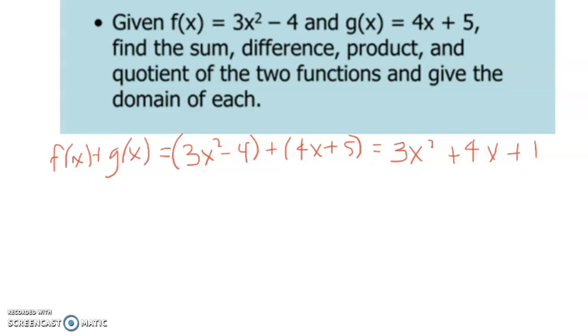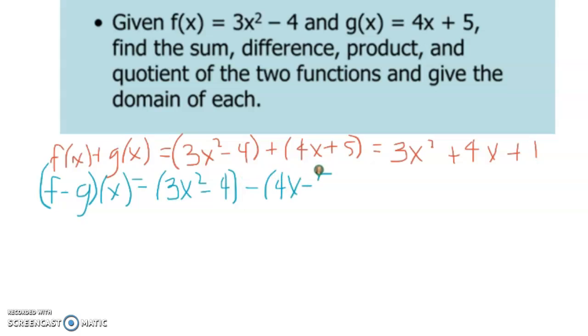For my difference, so when I do f minus g of x, it's going to be essentially the same thing, except instead of a plus sign between the two functions, I have a minus sign, which means I do need to distribute that minus sign to everything that comes in the parentheses after it. As a check, you should have had 3x squared minus 4x minus 9.